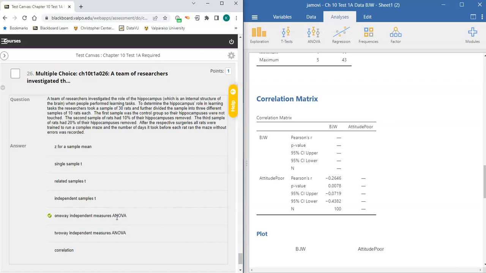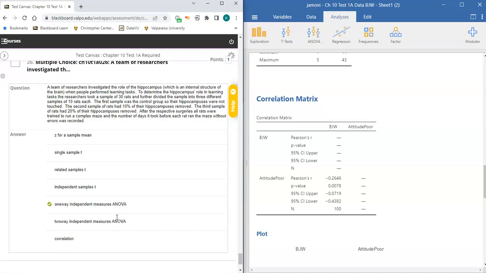Then they perform a maze and their number of errors are counted. So we're trying to see if the amount of brain tissue removed is associated with the number of errors. The independent variable is how much brain area is removed, and the dependent variable is errors. And we have three different groups, so it has to be a one-way ANOVA.